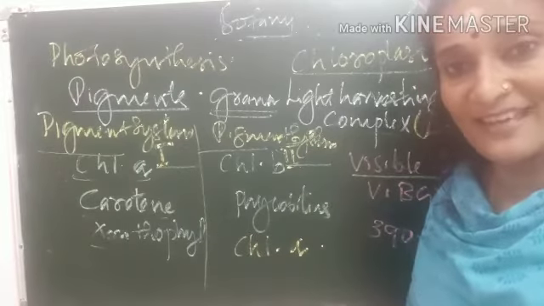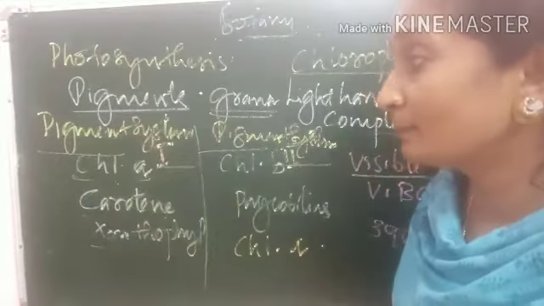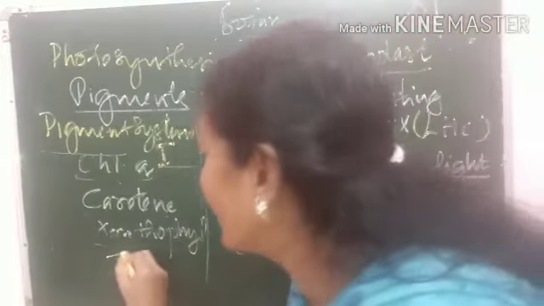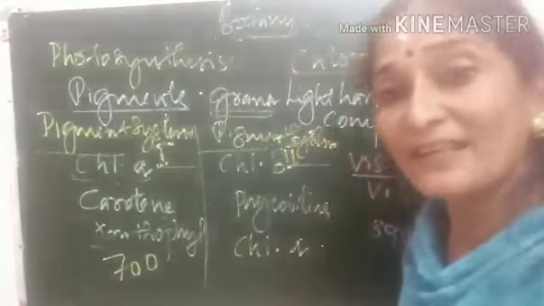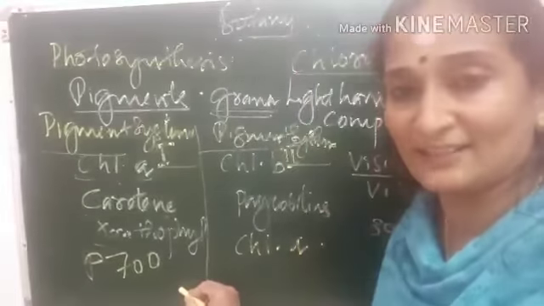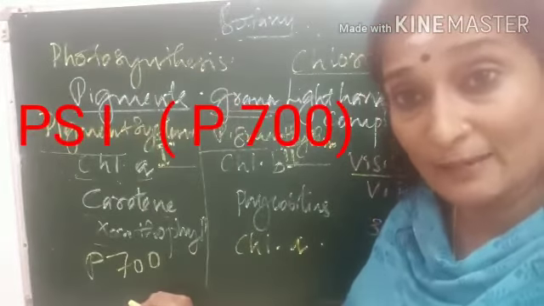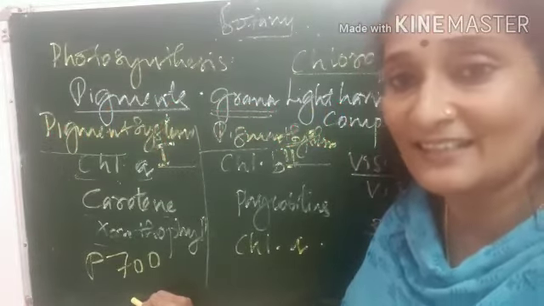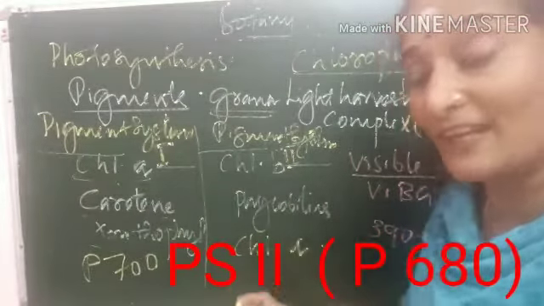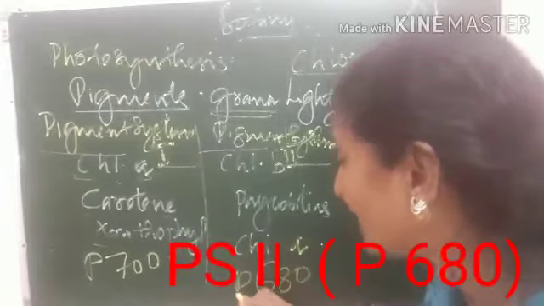Another important factor is that the pigments under pigment system 1 absorb wavelengths up to 700 nanometer. So its reaction center is P700. In pigment system 2, it absorbs wavelengths up to 680 nanometer, so its reaction center is P680.